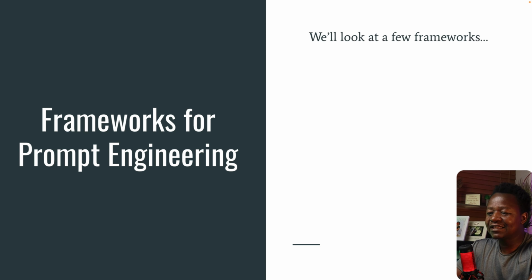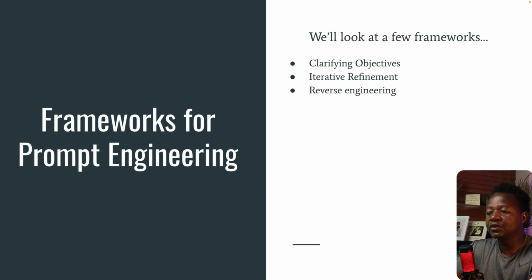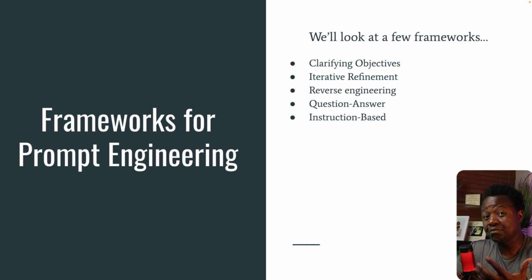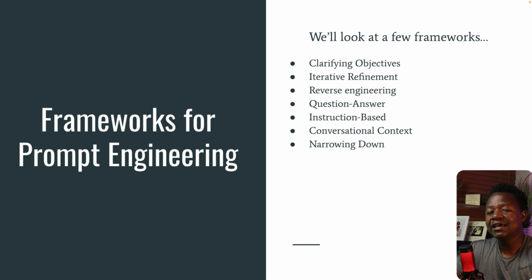So the first thing we're going to be looking at is clarifying objectives. We're going to look at iterative refinement. We're going to look at reverse engineering, question and answer prompt technique, in this case frameworks. We're going to look at instruction-based framework, conversational context, narrowing down, role play, feedback loop, emotion driven.